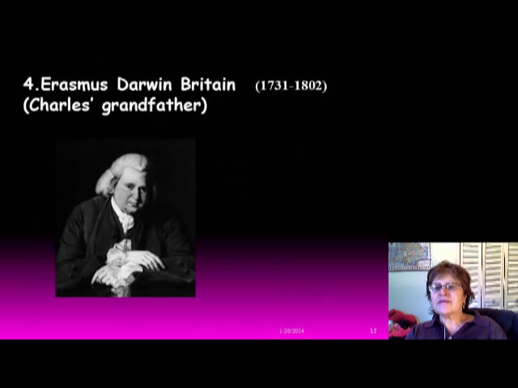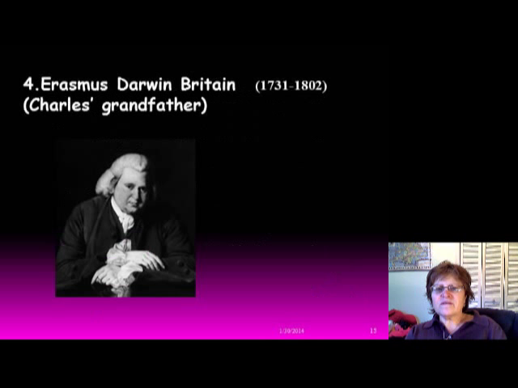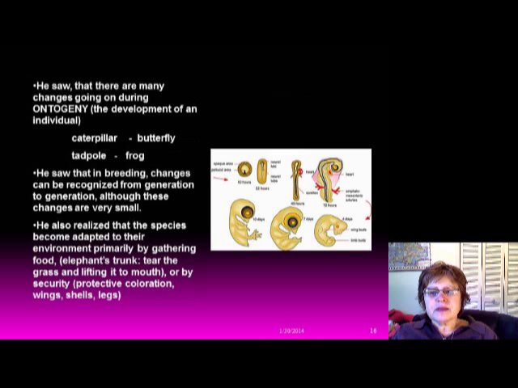The next person we have to talk about is Erasmus Darwin. Erasmus Darwin was actually Charles' grandfather, Charles Darwin, the famous guy's grandfather. Erasmus Darwin saw that there are many changes going on during ontogeny.